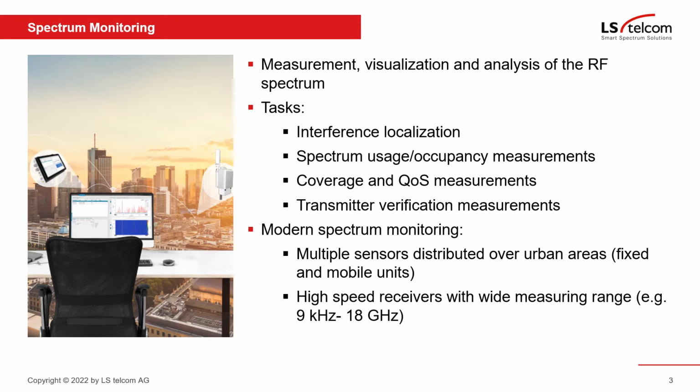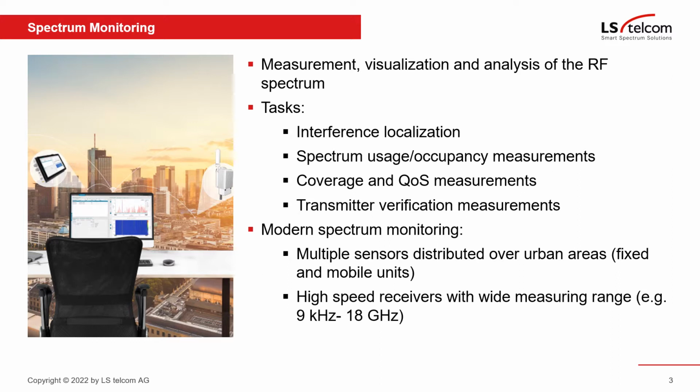Another task is to look at spectrum usage, overloads and white spaces, to make so-called spectrum occupancy measurements to see the utilization channel by channel, and then to make coverage and quality of service measurements to compare the theoretical calculation with reality. The same goes for verifying transmitters: are they acting according to the theory, to the database in spectrum management, or do they act differently in reality?